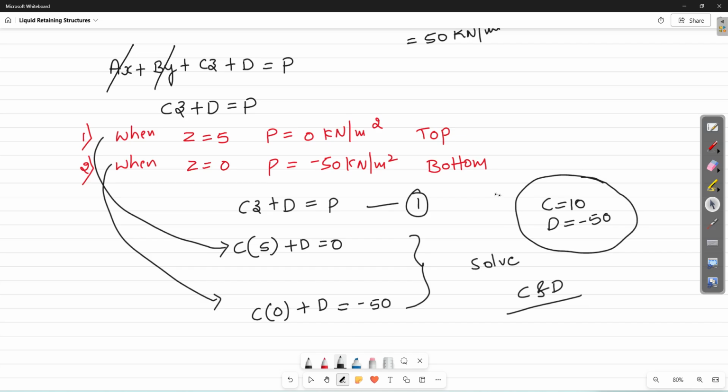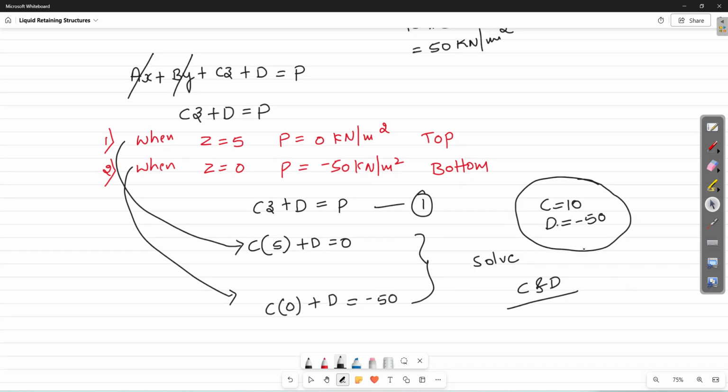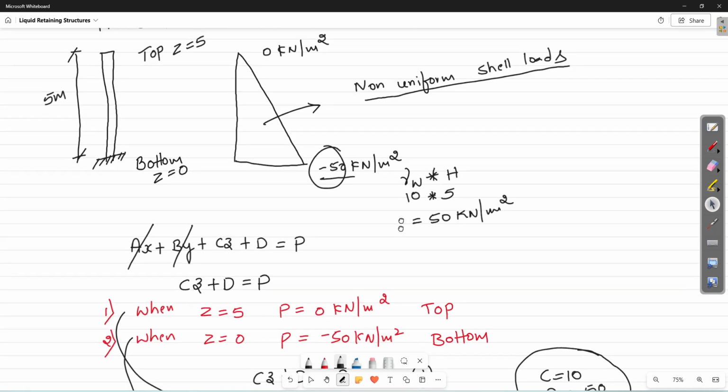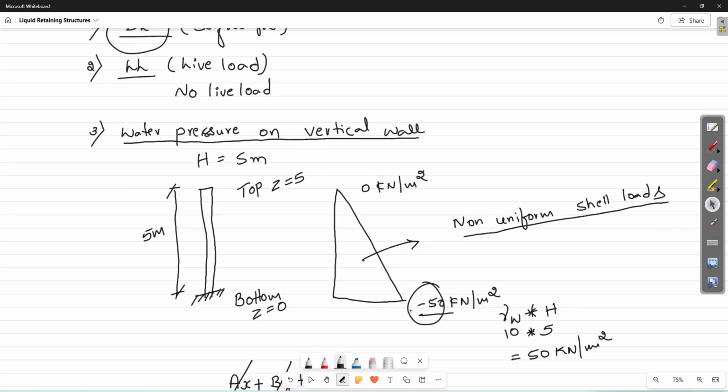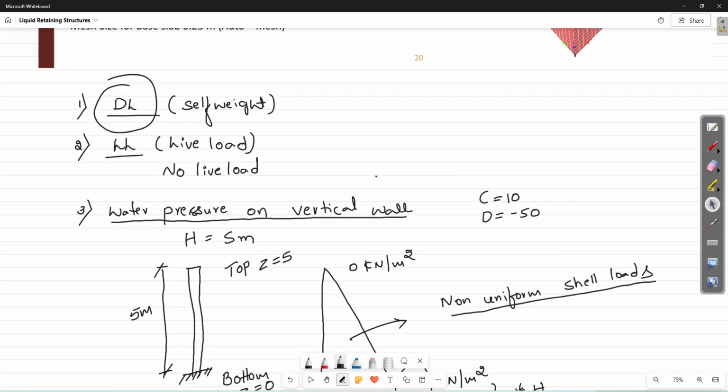Okay. So these constants are for this water pressure on vertical wall. So C equals 10, D equals minus 50. So I will show you how to assign these loads in ETABS software.